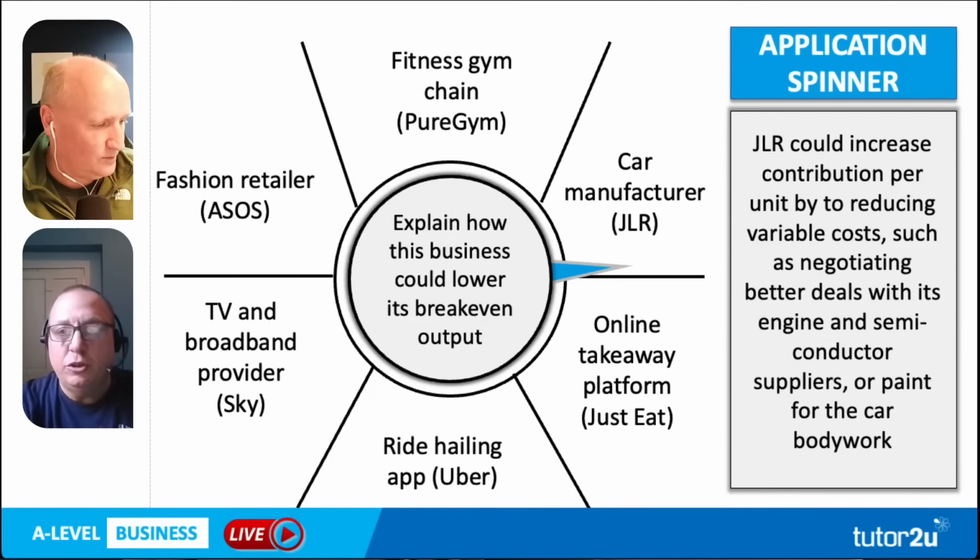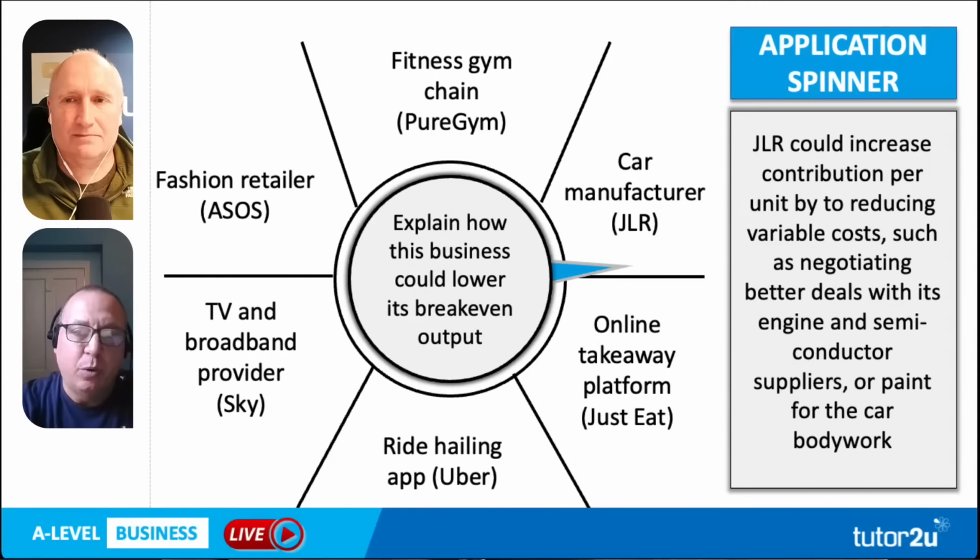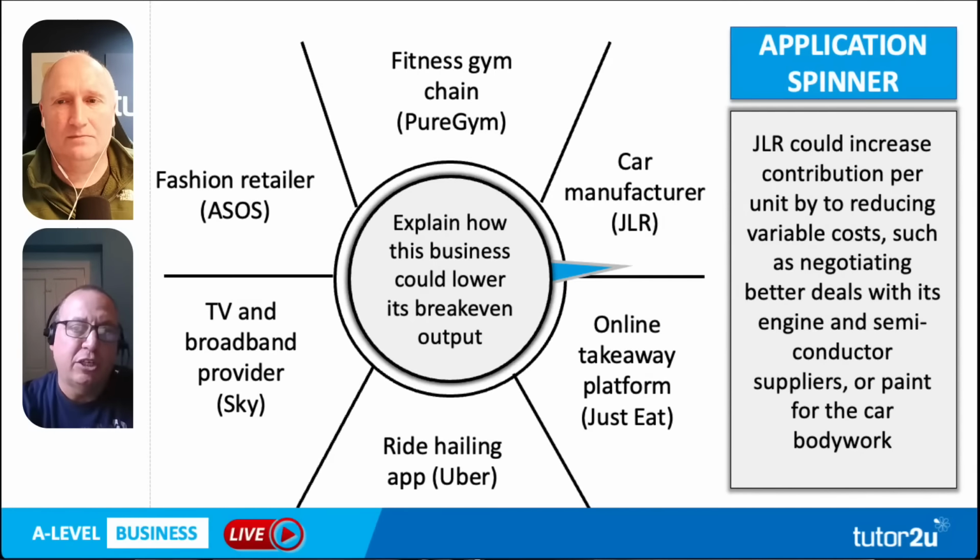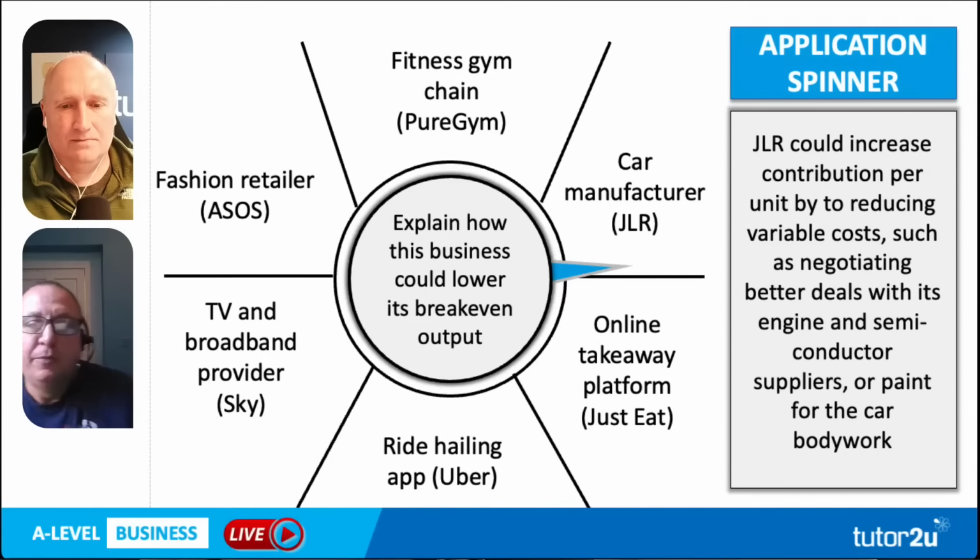Yeah. So just picking that apart a bit, what we're really after at this stage is what we call explaining the hows and the whys. Rather than just saying increasing the price of the cars, that doesn't explain to an examiner how that would actually lower the break-even point. So what we would need is something like: increasing the price of their cars would lead to an increase in contribution per unit.